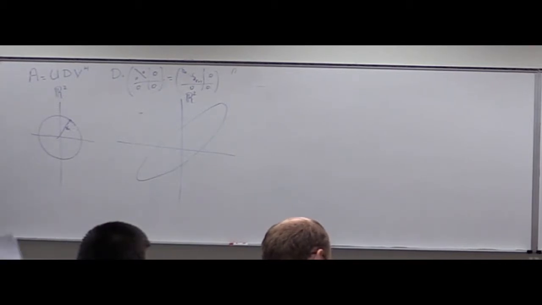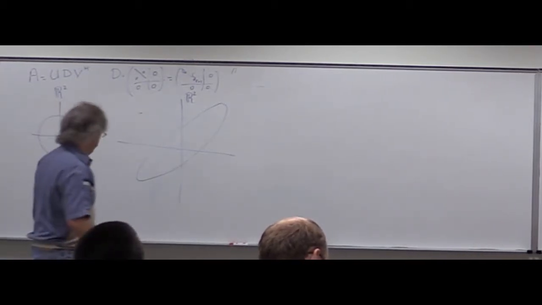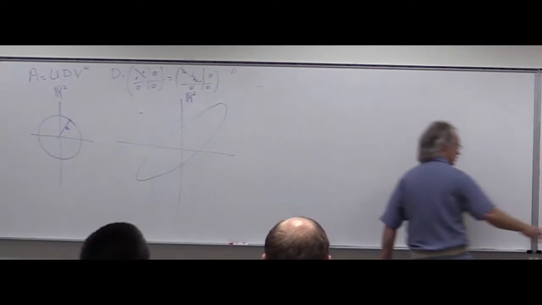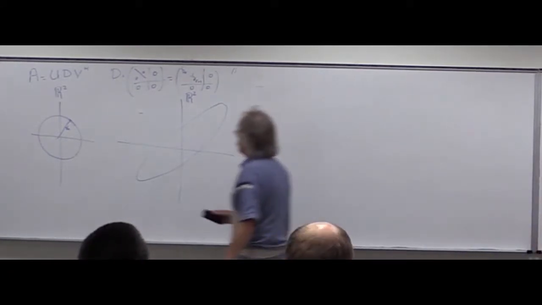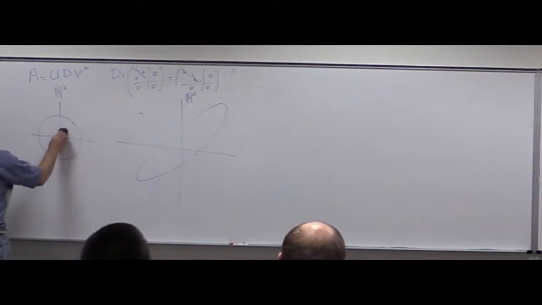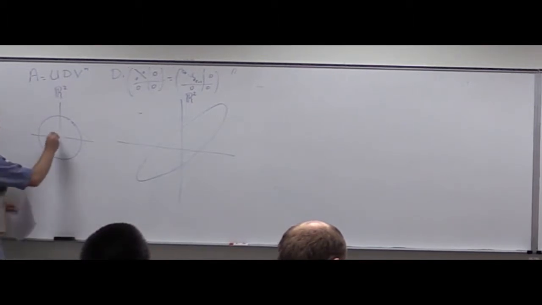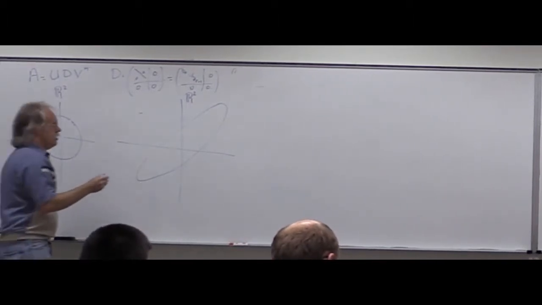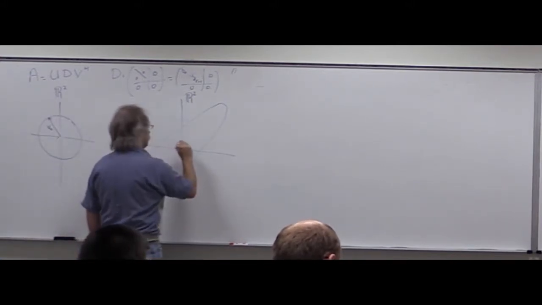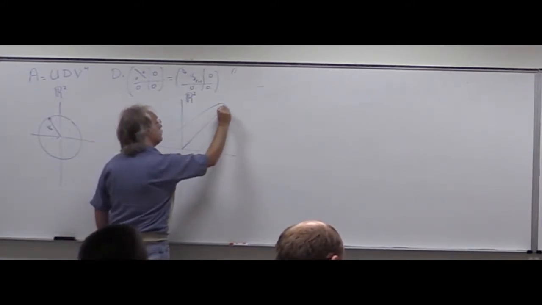Maybe I shouldn't have taken it in that direction, just because I don't want this here to be in the same direction. Let's draw this way. And that particular vector gets transformed into this vector right here.